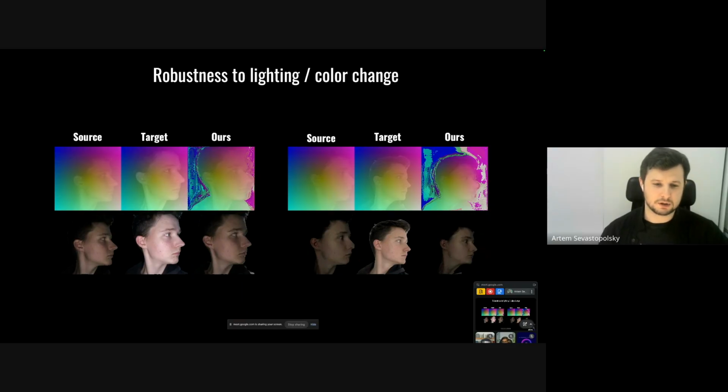As one of the nice advantages of our method, we also found that the network is very robust, probably because of the training dataset. We made a few images. So this is Dmitrii, who unfortunately couldn't join the call and present, but we have him here. The images taken in different lighting conditions still work for DenseMarks, and the embeddings still work for DenseMarking.